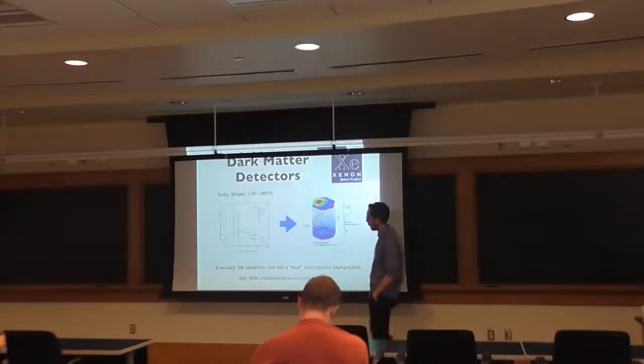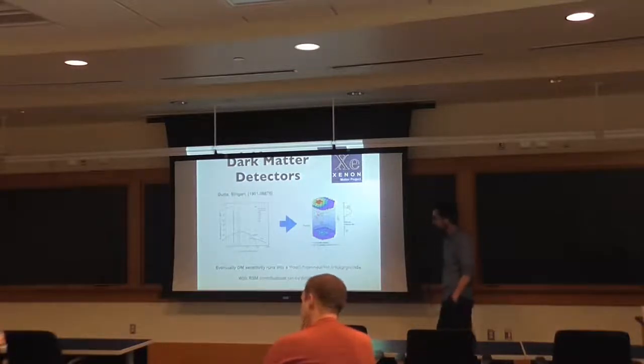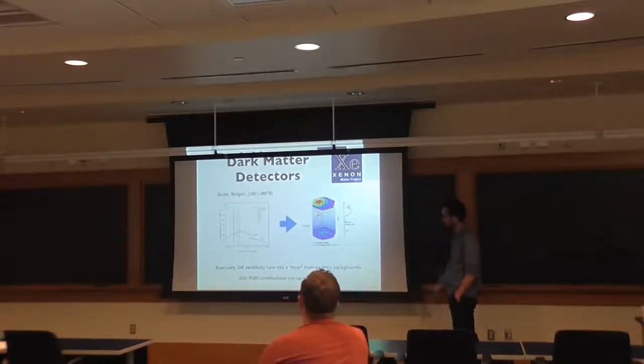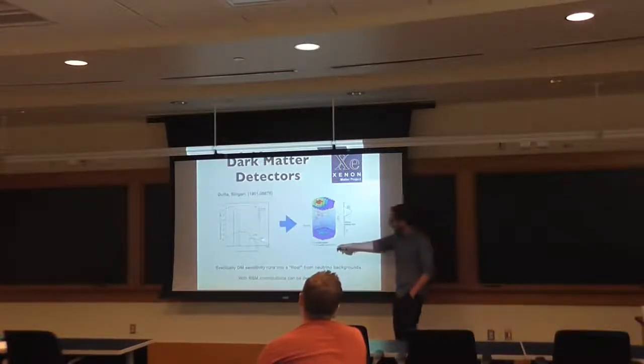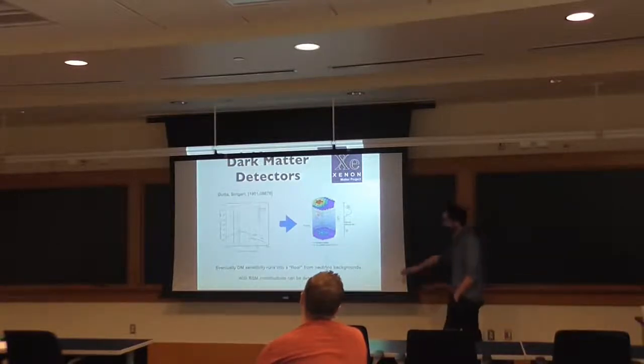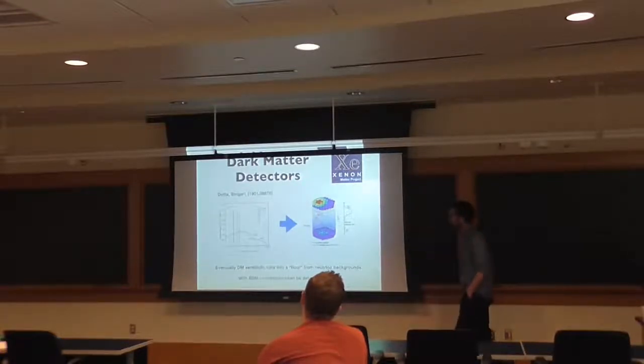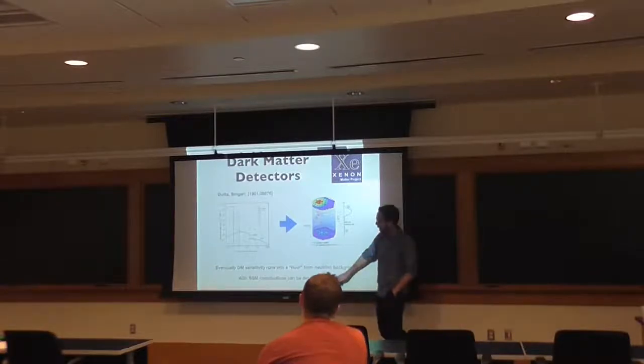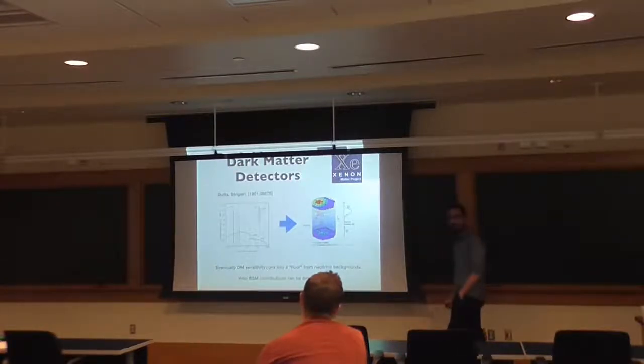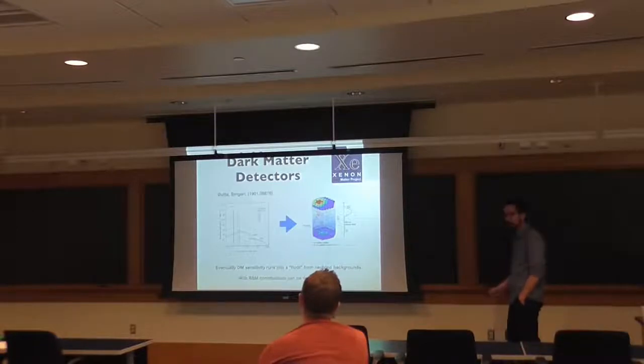Eventually, these experiments are going to run into backgrounds from natural neutrinos, from solar neutrinos at the lowest energies, and also the diffuse supernova background and atmospheric neutrinos will contribute at higher energies. So this will become a floor to these experiments as their sensitivity increases, and it could potentially be detectable even right now if neutrinos participate in some new interactions.